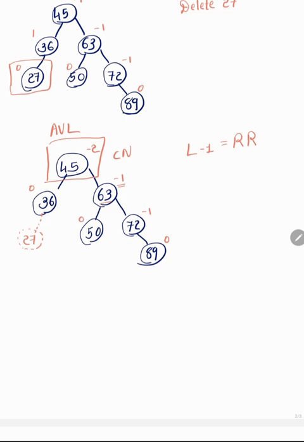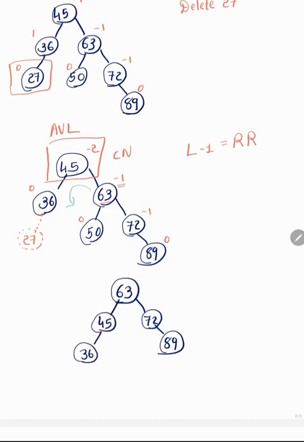So in an RR rotation, what you need to do is just rotate your critical node towards the left, right? So if I rotate my critical node towards the left, simply 63 will become my root node, 72 and 89 will remain the same, 45 will become the left child, 36 will remain the same, and 50, which earlier was the left child of 63, will now become the right child of 45, right?